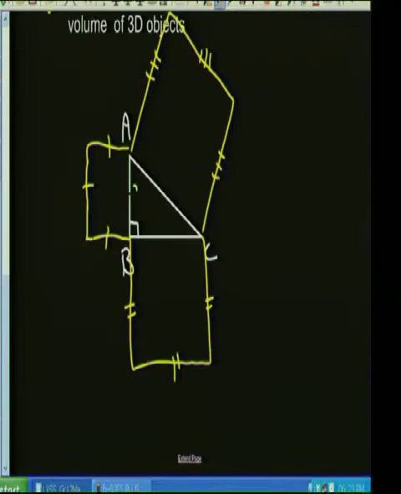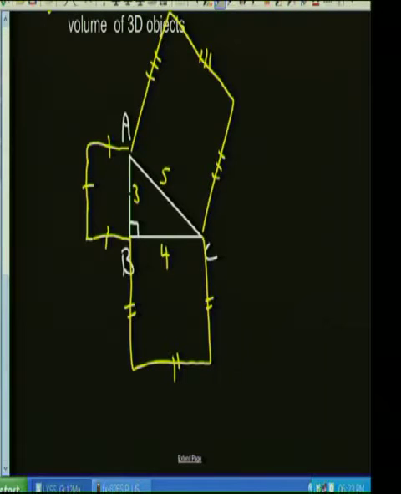I'm going to put numbers in. I'm going to give this triangle some lengths. Let's say AB is 3 centimeters, BC is 4 centimeters, and AC is 5 centimeters. Now, if I had to calculate the area of the square on line AB, how do I calculate area?